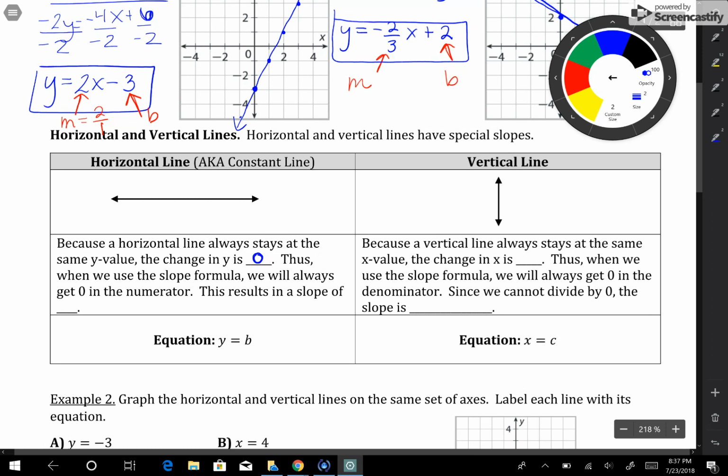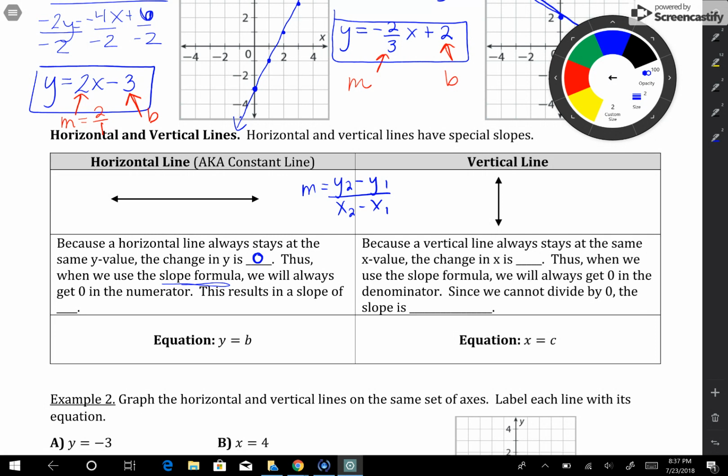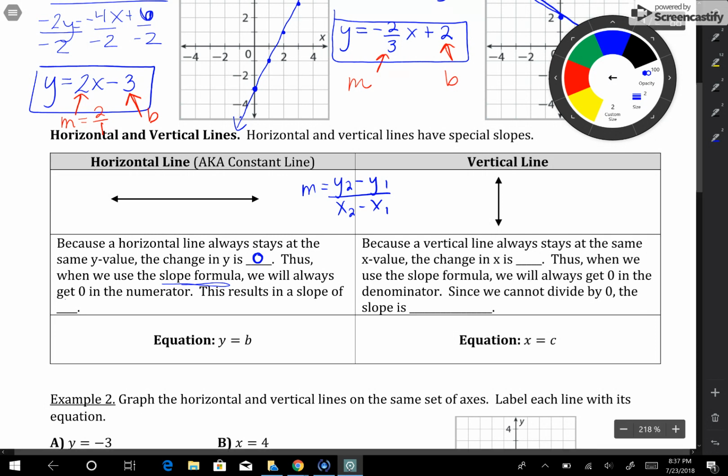Thus, when we use the slope formula, remember that slope formula, which is, here, I'll just write it up here, y2 minus y1 over x2 minus x1. That means that our y values are going to be the same, so the numerator of that slope formula would be 0. So we're only taking 0 divided by something, but that always results in a slope of 0.